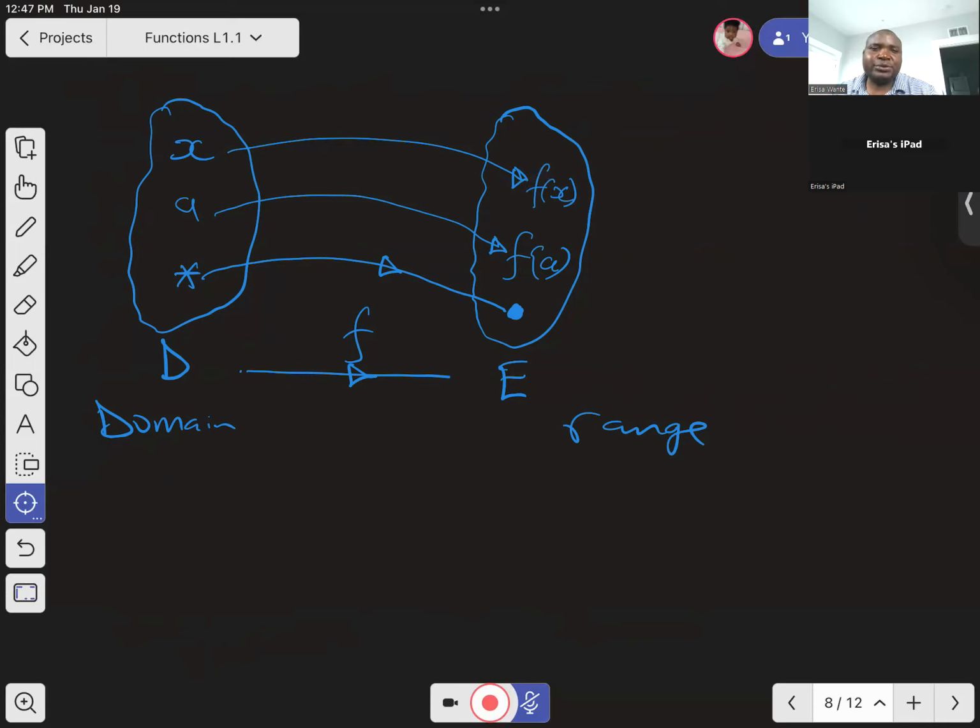So if you have r equal to 1, the area in set E will be pi. If you have r equal to 2, the area in E will be 4 pi. So that's the rule. So we have the domain and the range. The domain is a set of the independent variable, and the range is a set of the dependent variable.